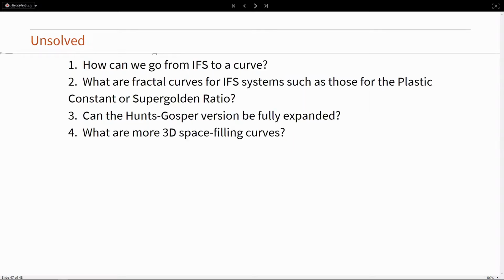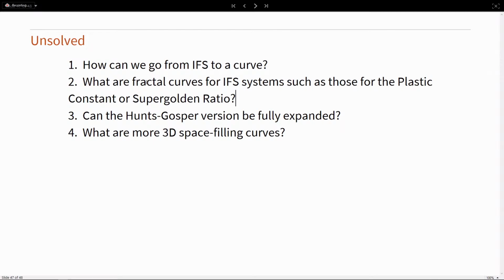So I've shown various ways of how iterated function systems, reptiles, space filling curves and substitution systems are connected. Is it possible to go from an iterated function system to a curve? Obviously, you won't always be able to do that, but I'm thinking sometimes you can, and it would be clear when it's possible to do that.